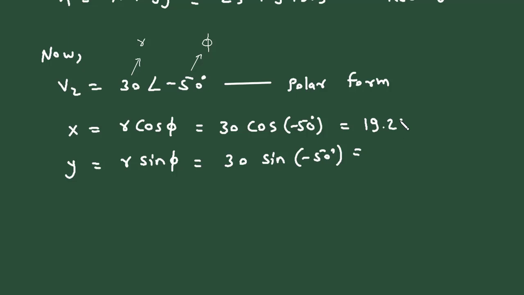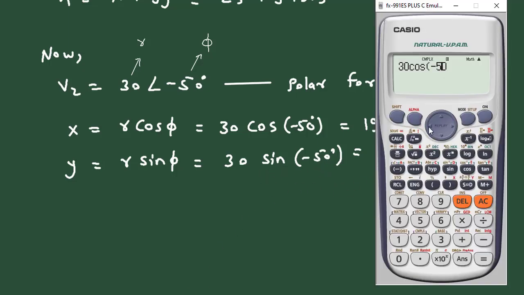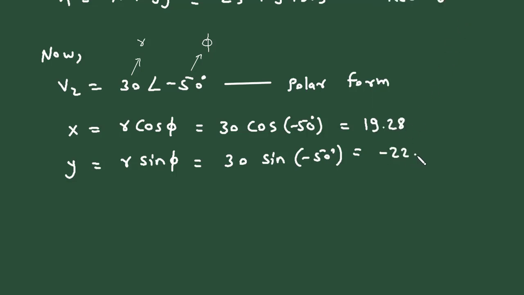And if we replace cos by sin, then we get the value of y, so it is minus 22.98. So we can write V2 is equal to x plus jy.